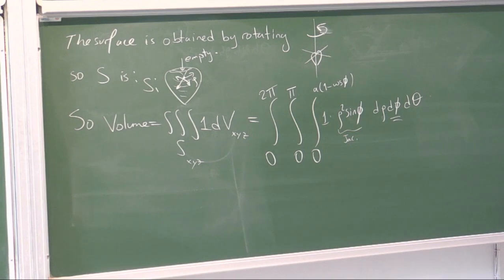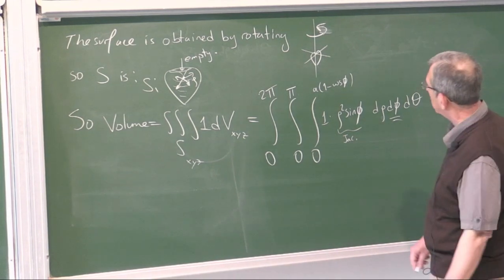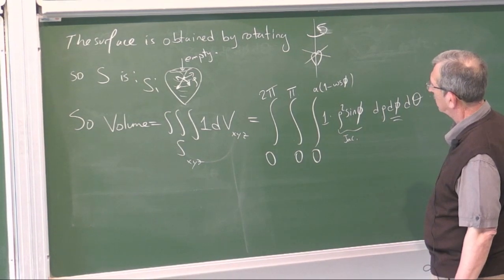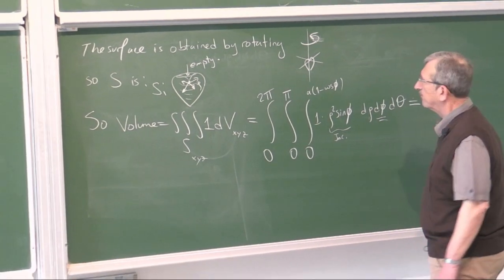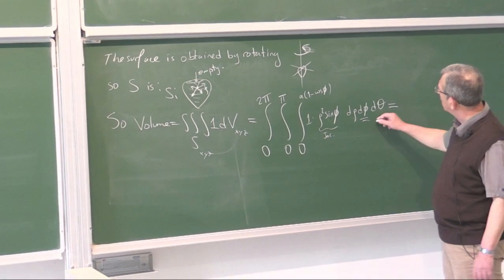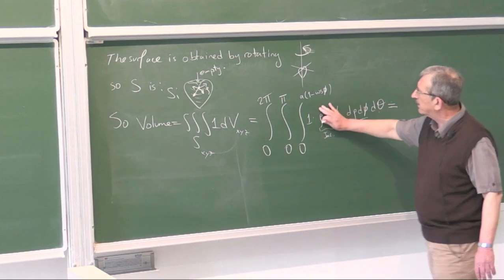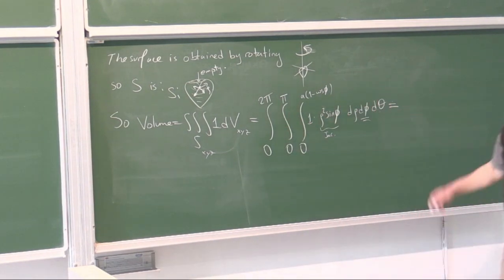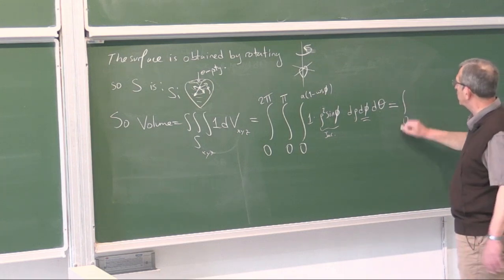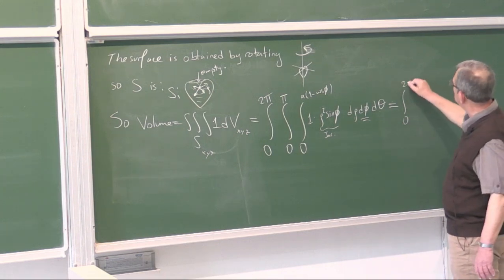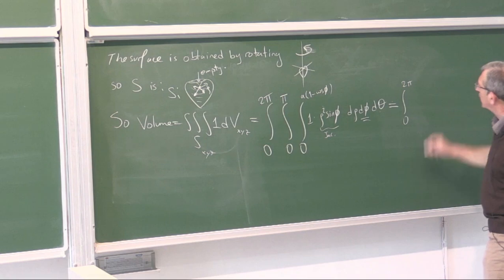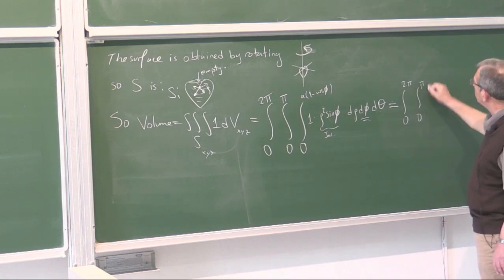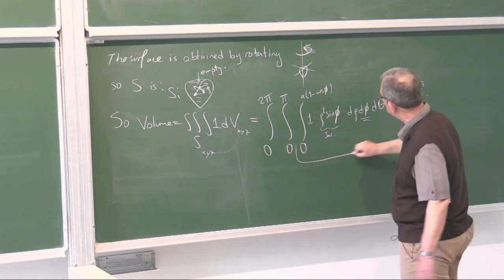We can calculate this. Let me calculate that for simplicity. Firstly, the theta part: there's no theta in here, so it gives us 2 pi. I can keep that if it does not seem obvious to you. Phi goes from 0 to pi. Now let me integrate the first one.